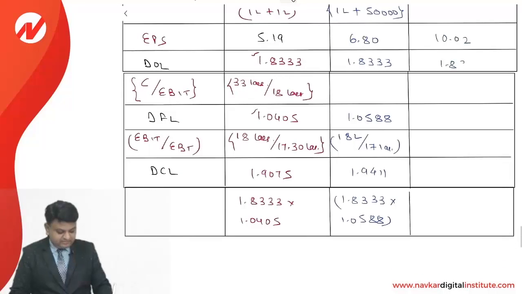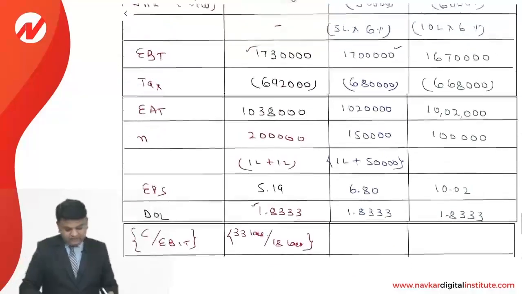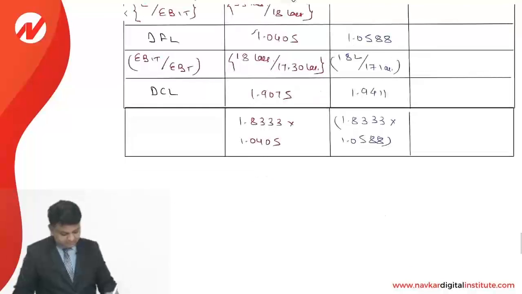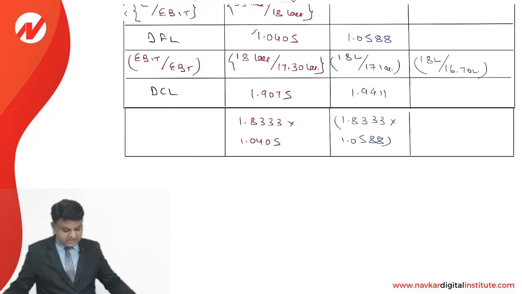DOL will remain same. As far as the DFL is concerned, it is again EBIT 18 lakhs upon 16.70 lakhs. So 18 upon 16.7 comes to 1.0778.